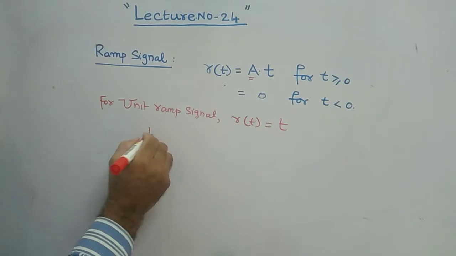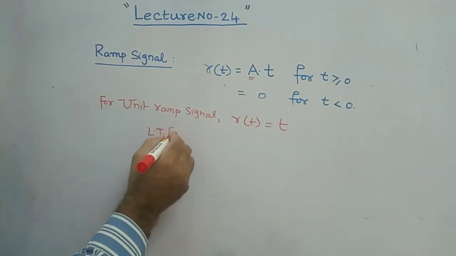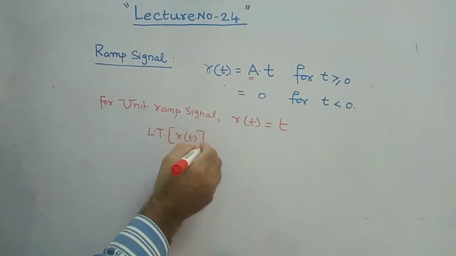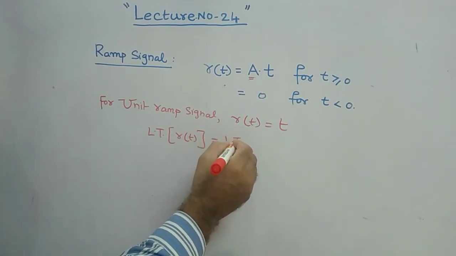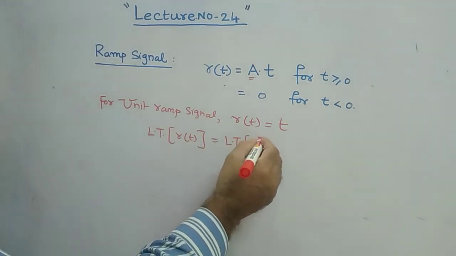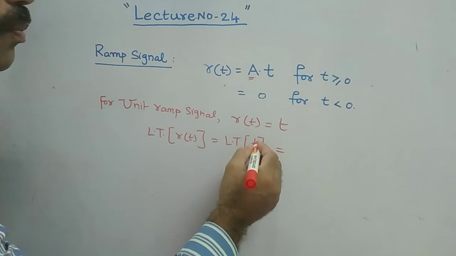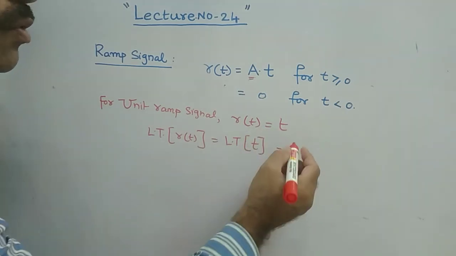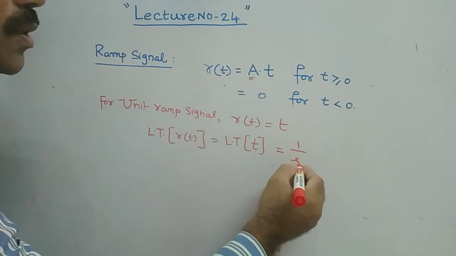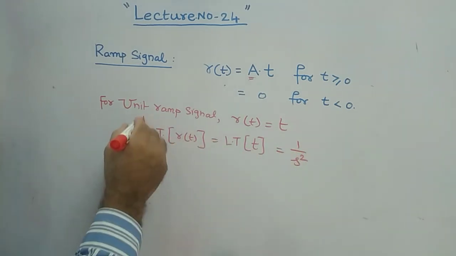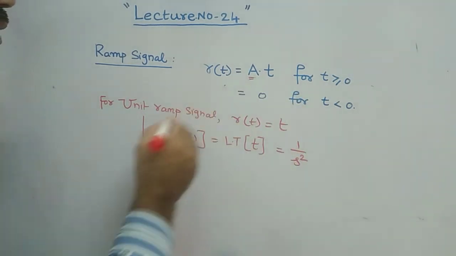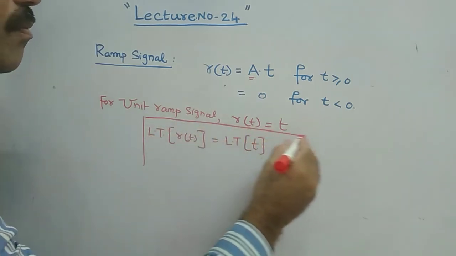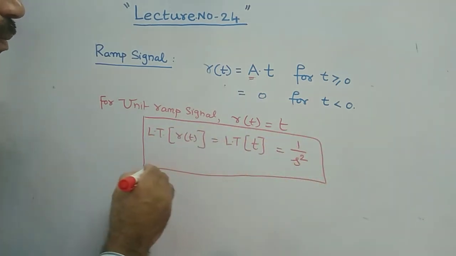In that case, Laplace transformation of r of t is the Laplace transformation of t, which is t power n, here n is 1, therefore 1 factorial by s power 1 plus 1, that is 1 by s square. This is what I just explained to you. 1 by s square, remember that.